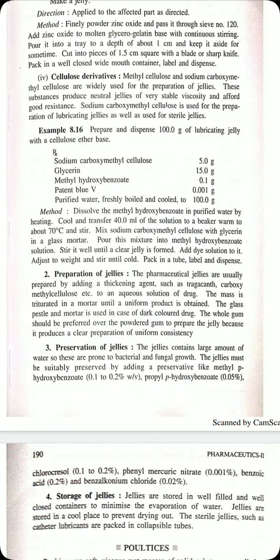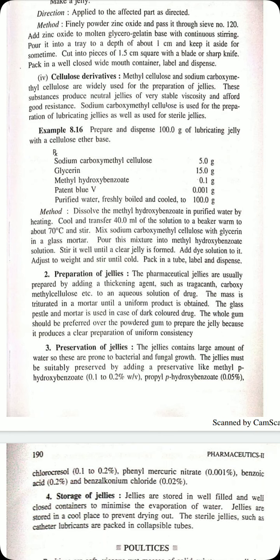Then preparation of jellies. A pharmaceutical jelly is usually prepared by adding a thickening agent such as tragacanth, carboxymethyl cellulose, etc. to an aqueous solution of the drug. The mass is triturated in the mortar until a uniform product is obtained.